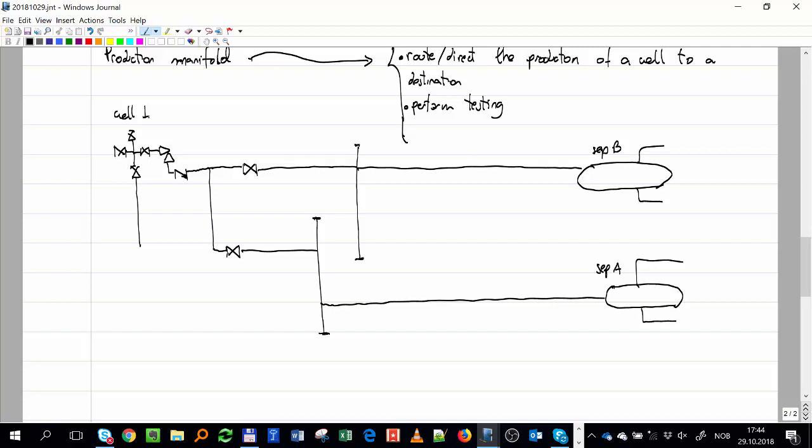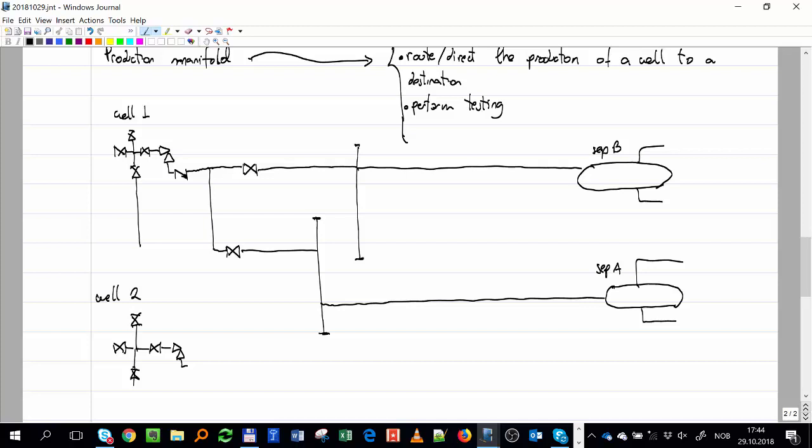How does that look if I have two wells? I have here another well, 2. How do I connect this to that system, to either separator A or B?